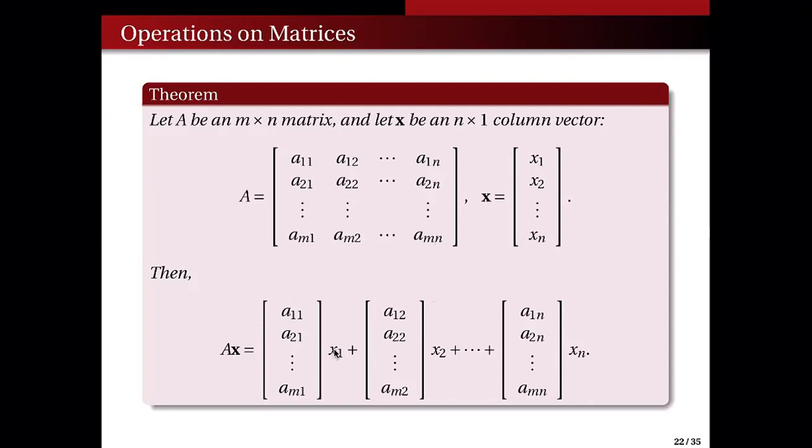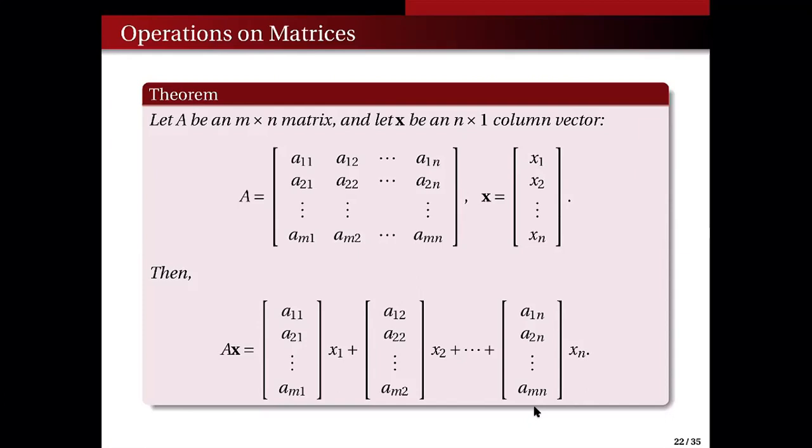So x1, x2 until xn are all scalars, so you can bring them inside each of these column vectors. And therefore, if you add a column vector plus a column vector plus a column vector, you will still get a column vector.